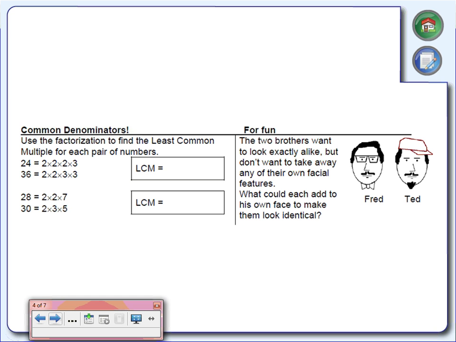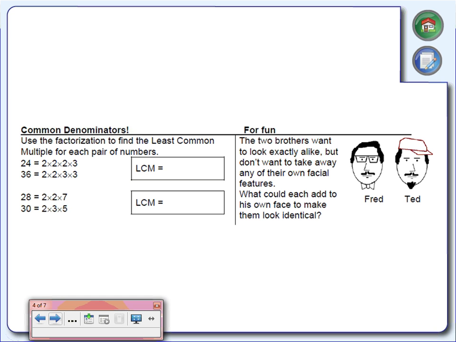Does 24 go into 6? 72. Notice how 24 will go into 72. 36 will go into 72. That's the smallest number. The question is, how do you come up with that 72?